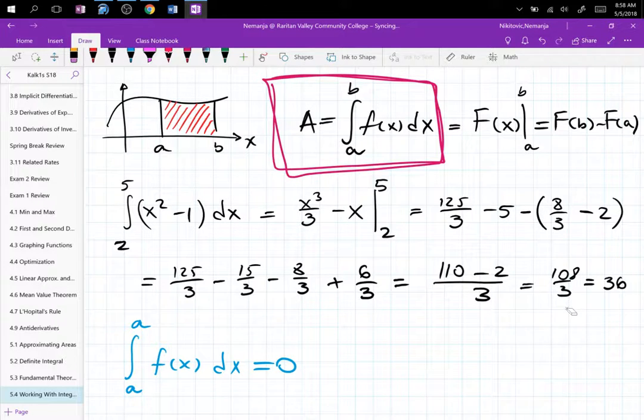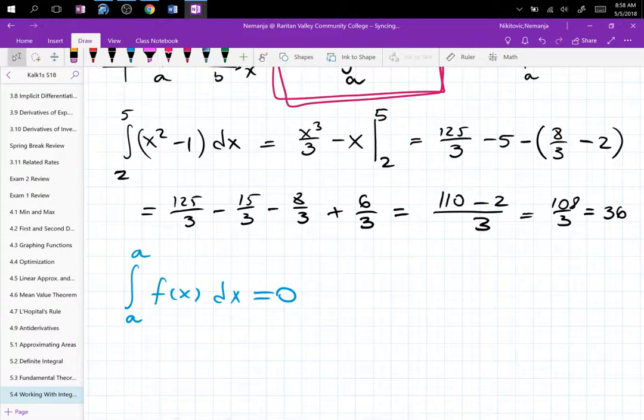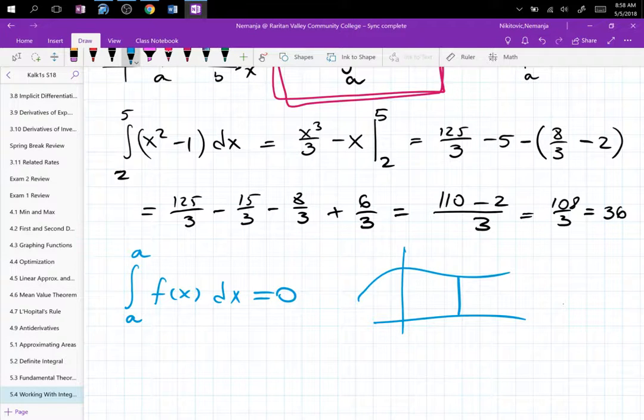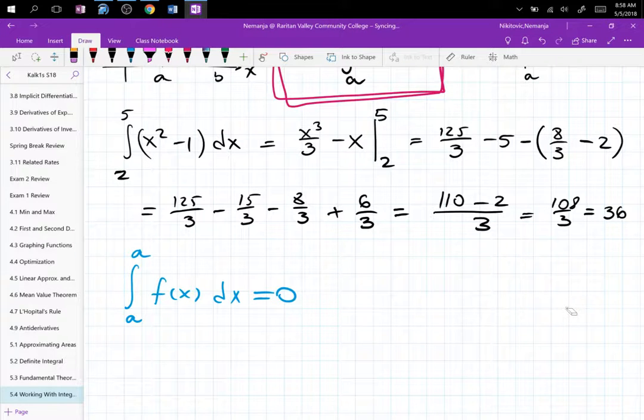When you multiply height by 0, you get 0. So area must be 0 because there is no width to this. All you have is a function, right? And then you have one point, a, and the other a is at the same location. So when you're looking at this rectangle here, it has 0 width. And if it has 0 width, then it has 0 area.